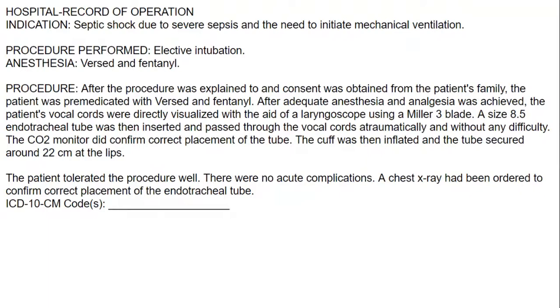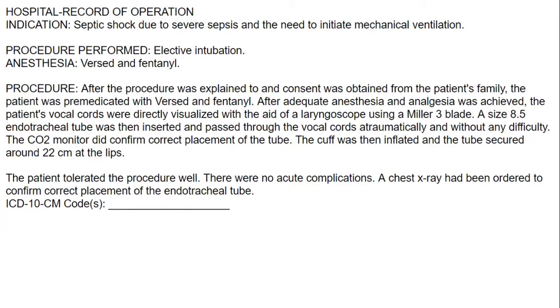So if you look up sepsis in your ICD-10, it's A41.9. So when we go to our tabular and we look up A41.9, I'm sorry, I'm trying to get there to read it. It says sepsis, unspecified organism. So it didn't really give us an organism, right? So it is unspecified.